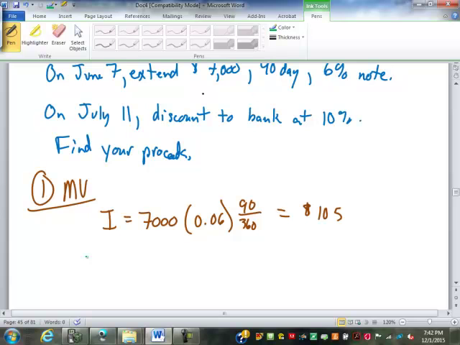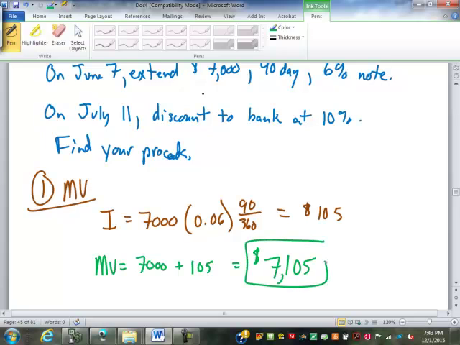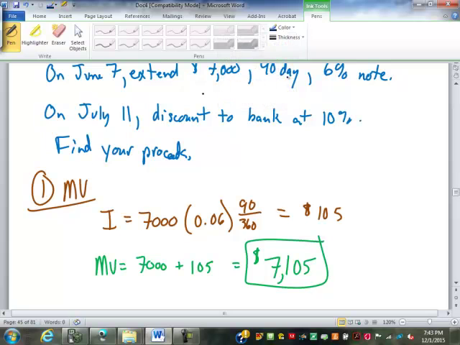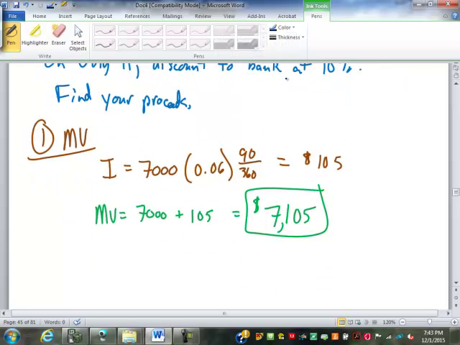$105, okay. So that means the maturity value is the 7,000 plus the 105, so 7,105 is the maturity value. Step 2 is to find the discount period.